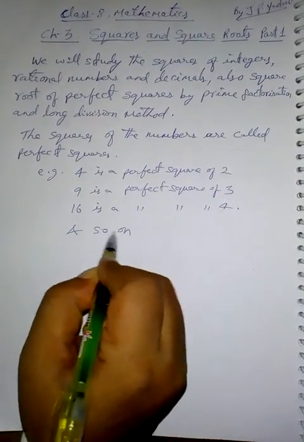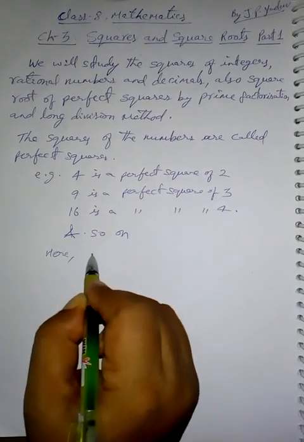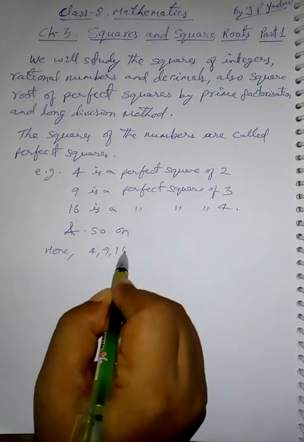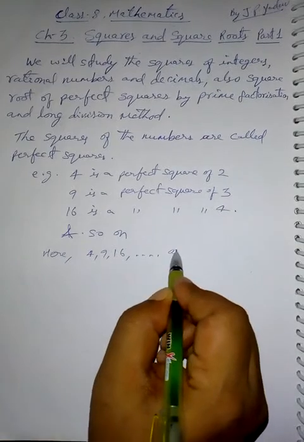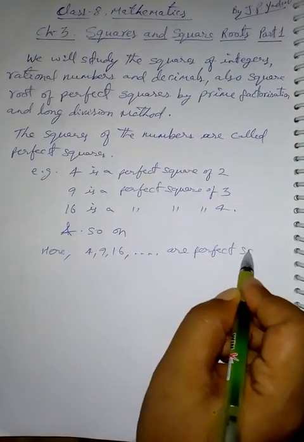In this way, here 4, 9, 16 are perfect square numbers. Perfect squares.